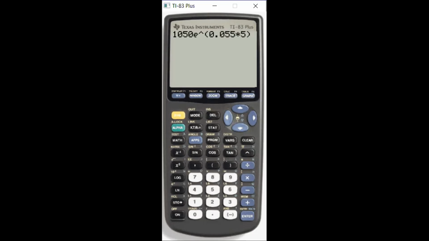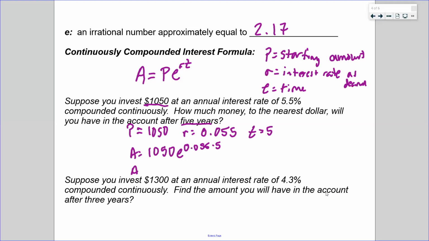And it's all there for me. I just hit enter. Boom. And he asked me to do it to the nearest dollar, so $1,382. And I'll switch screens here, so I'll switch back to my SMART page here so that we can then write that answer down.